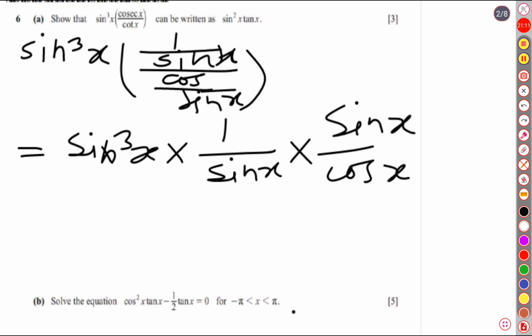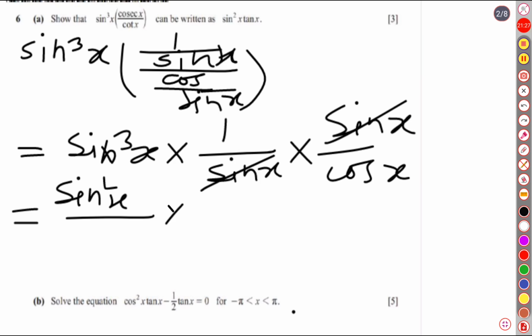Well, now this sine can cancel out this sine, so we can write here sine cube can be written as sine square x into another sine x, and denominator is cos x.